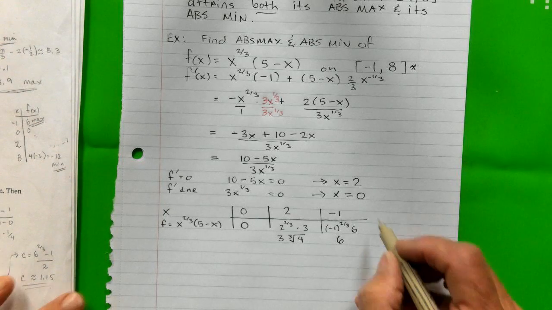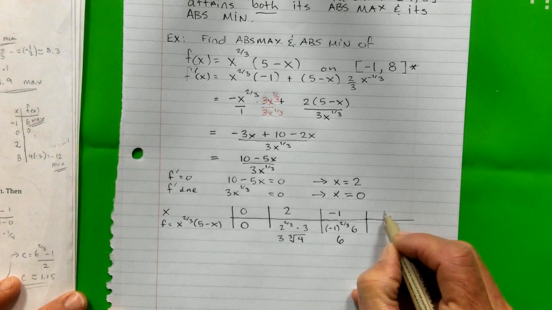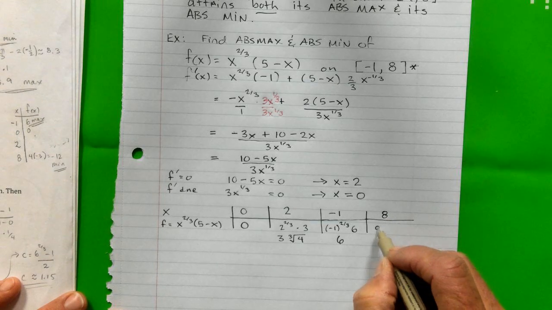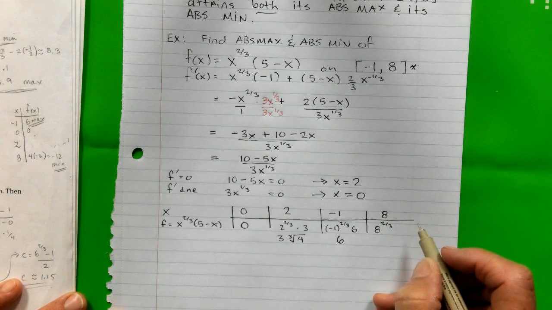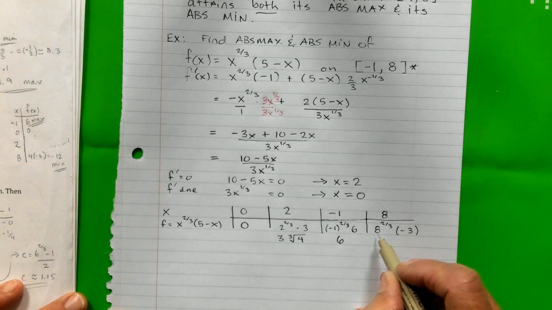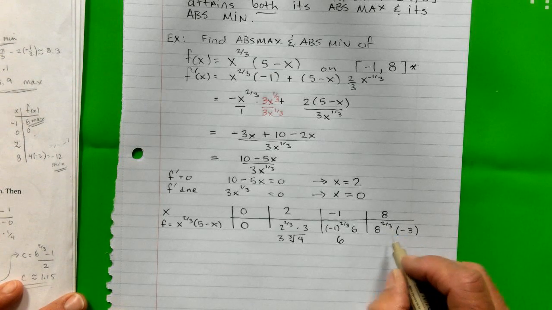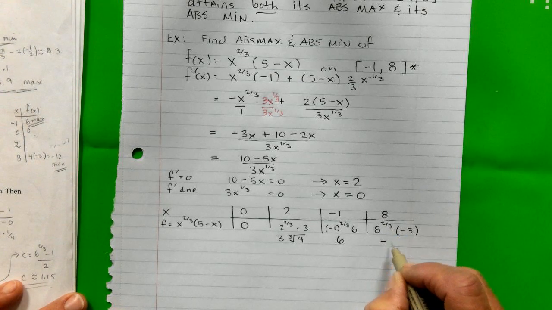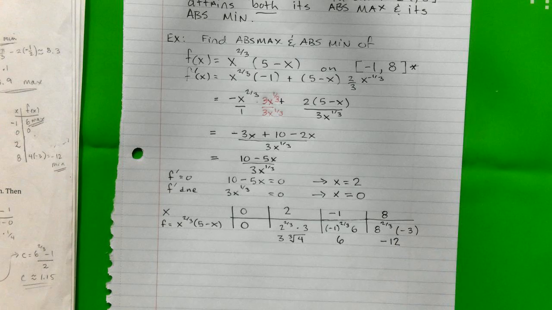And then 8. 8 to the 2/3 times 5 minus 8 is a negative 3. Cube root of 8 is 2. 2 squared is 4. 4 times negative 3 is negative 12. That's my only negative number in the list, so that's clearly the min.